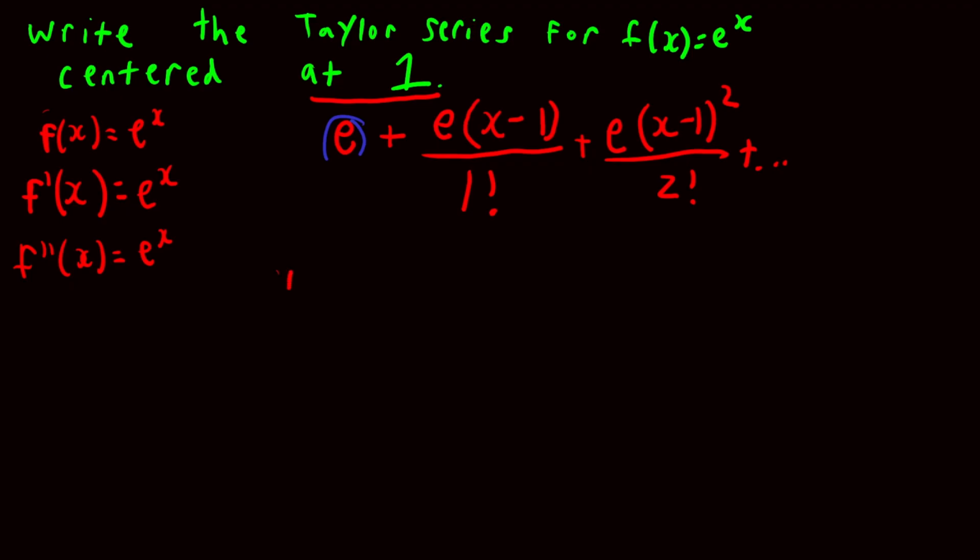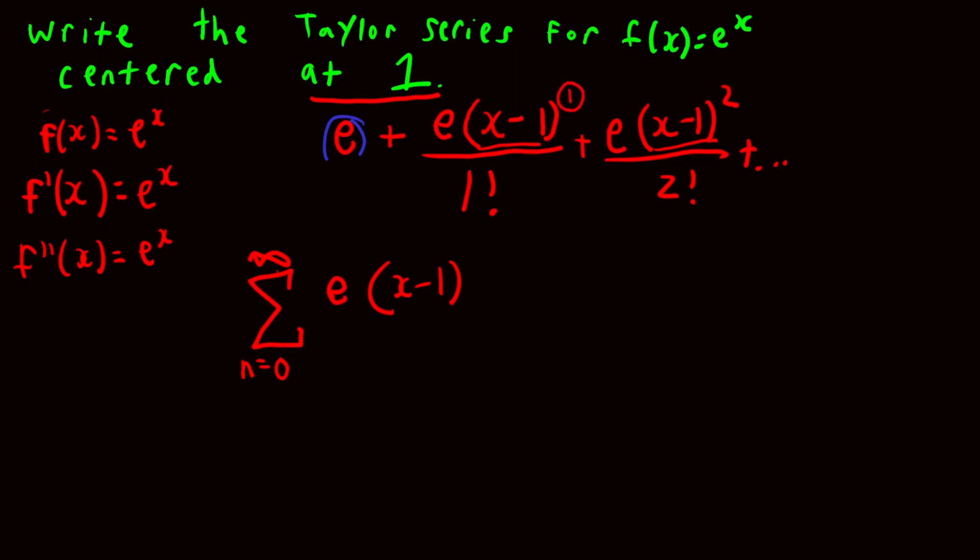So I think we're ready to write our summation notation. So sum from n equals 0 to infinity. Alright, well, every single term I see an e, so we're going to write e. And then I always see an x minus 1 for every single term. Alright, so x minus 1. And then I see there's always a power, right?